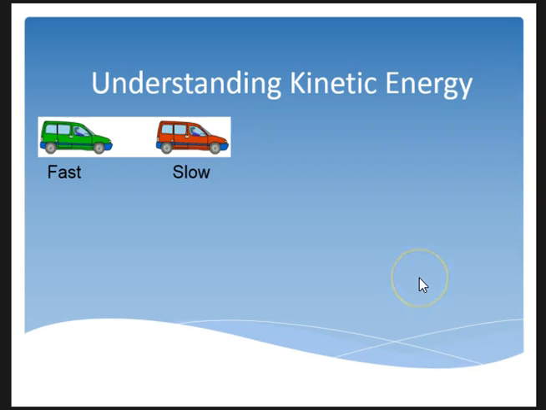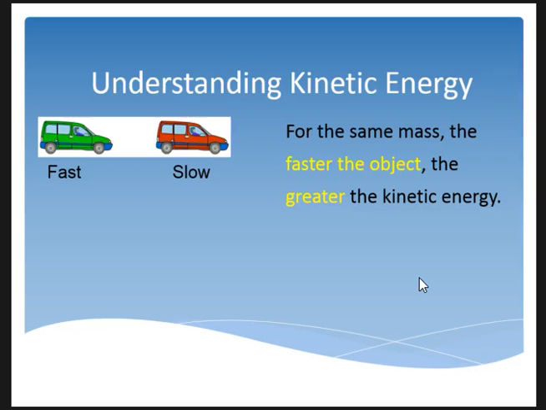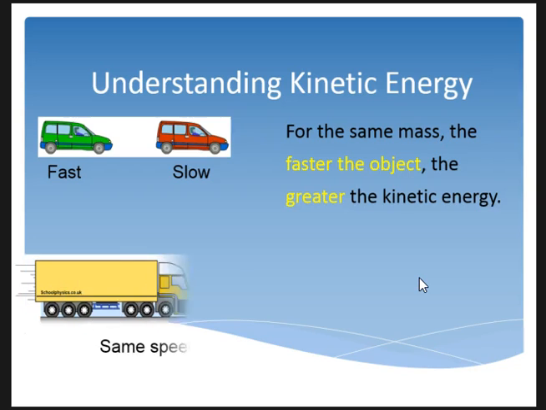Okay, so to summarize, this simply means that for the same mass, the faster the object, the greater the kinetic energy. Now let's have a look at the second diagram. In this particular diagram, we have a truck and a motorcycle. Clearly, the truck has more mass compared to the motorcycle.